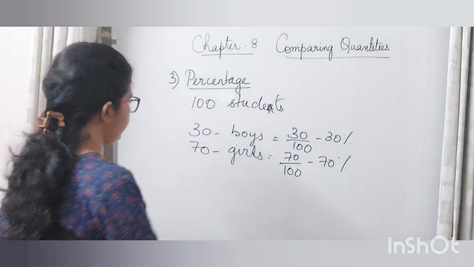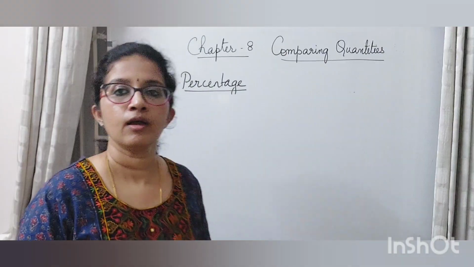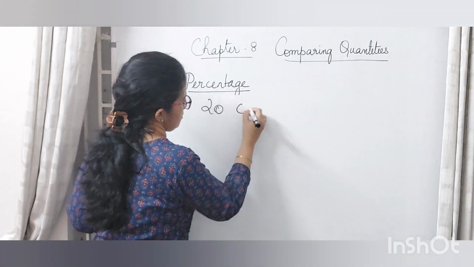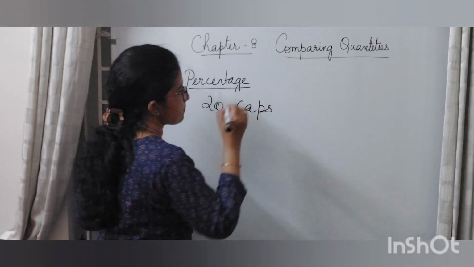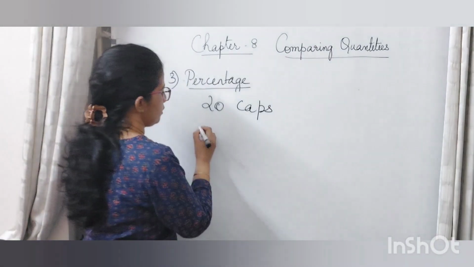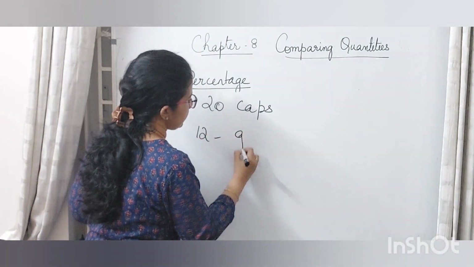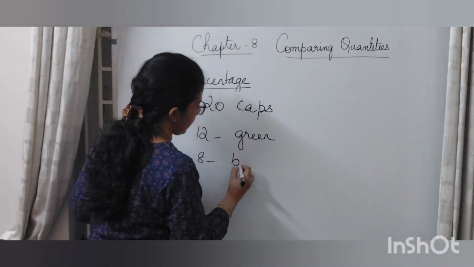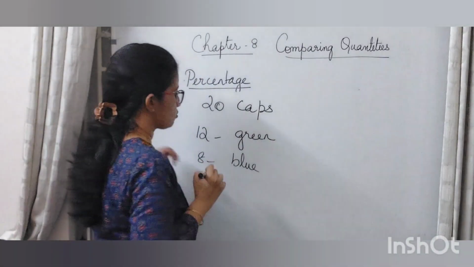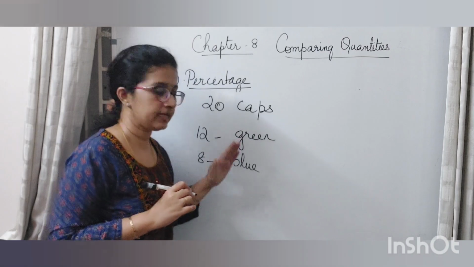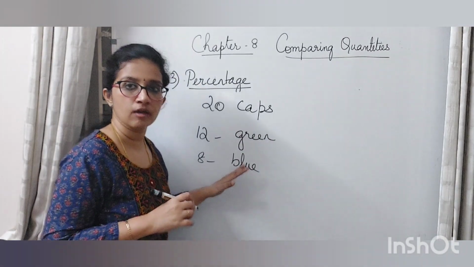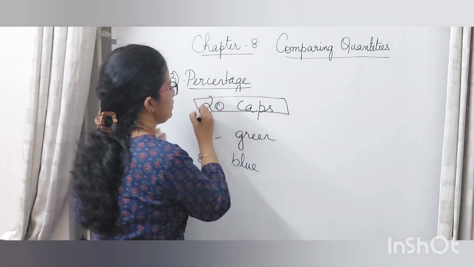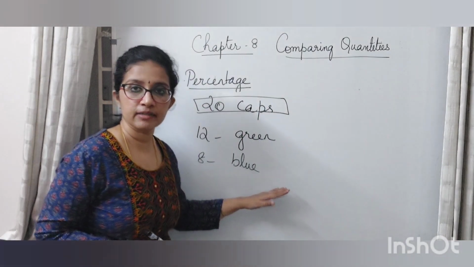For example, there are 20 caps in a basket. 12 are green caps and 8 are blue caps. So we have to find the percentage of green caps and the percentage of blue caps. But the total number of caps is not 100, right? It is 20. So how do we find this?